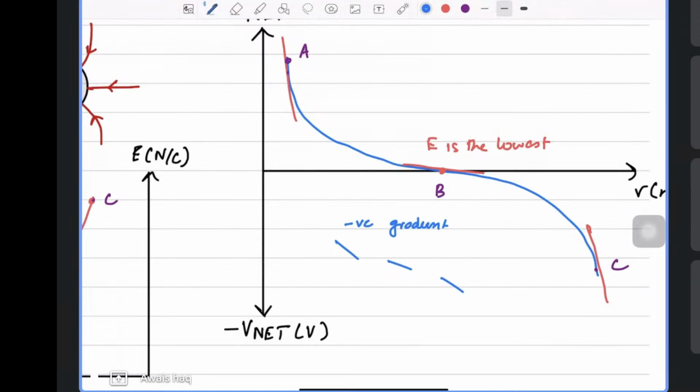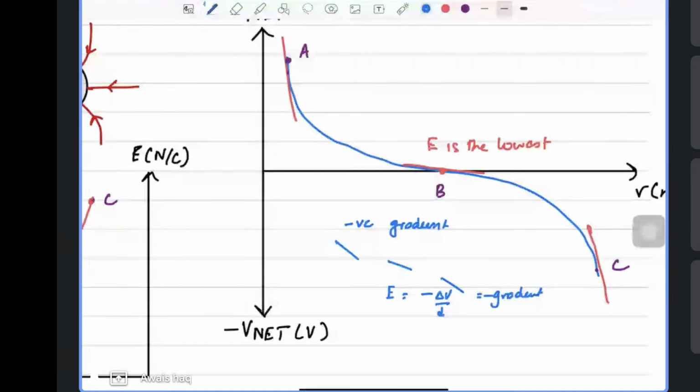And because electric field strength basically is the negative potential gradient, if you're getting a negative gradient out of the graph, this negative and negative will cancel out. Electric field will be positive at all points, and that is the reason we have drawn.